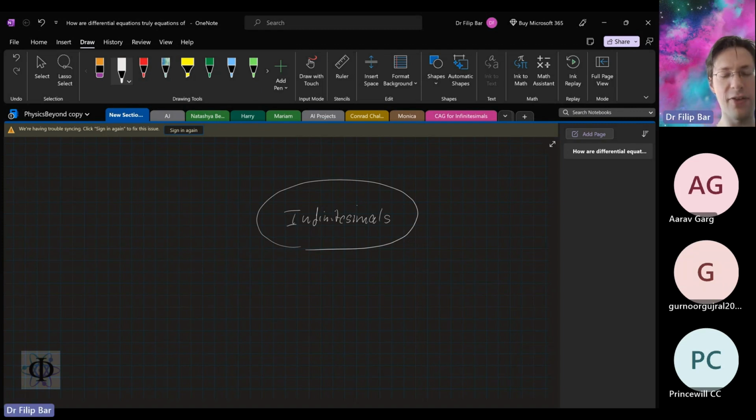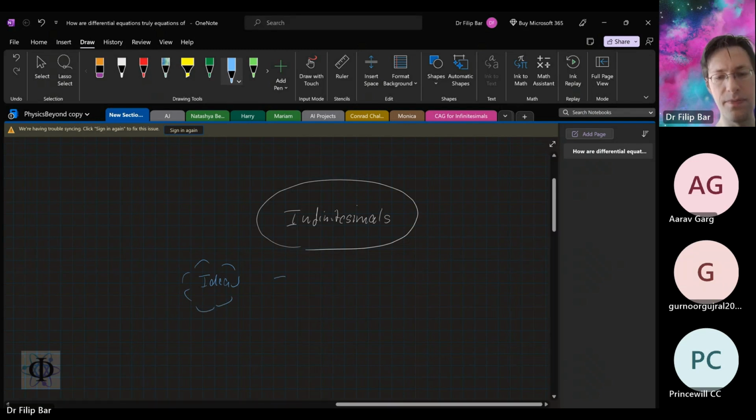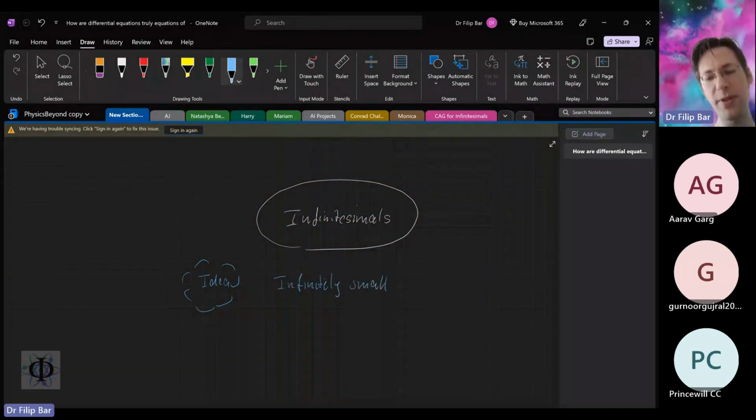Now, that's the idea. That's correct. It doesn't have to be a number, but let's just go with numbers for the moment, because that's what we're most familiar with. An infinitely small number.